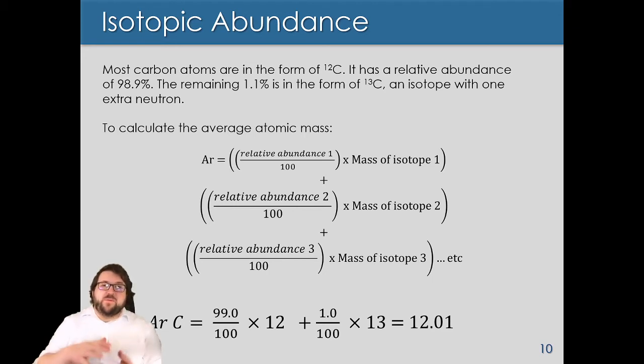And then as that carbon gets removed from the carbon cycle, for instance by being involved in a fossilized bone or a shell or something like that, it no longer has the normal fraction of carbon-12 to carbon-13. And because carbon-13 is semi-stable, it will itself decay. We can have a look at the ratios of carbon-12 to 13 to find out how long something has been out of the carbon cycle, i.e.